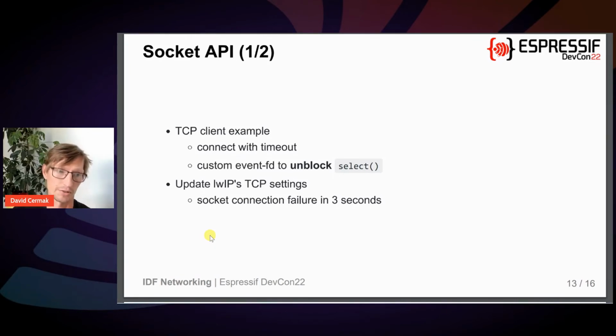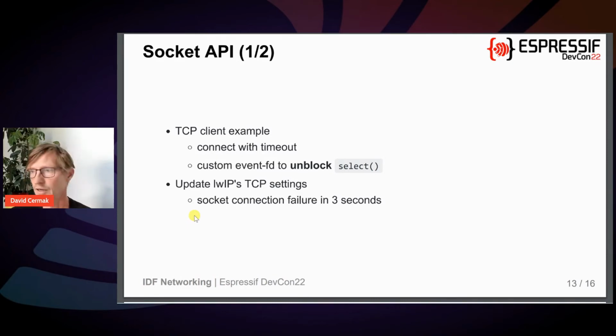But there are ways to make the connection fail after some timeout. I would also like to demonstrate something about this custom event file descriptor to unblock a select which is blocked on something, and perhaps talk about some more LWIP TCP/IP settings, so that connection to something that's not there could fail really quickly.